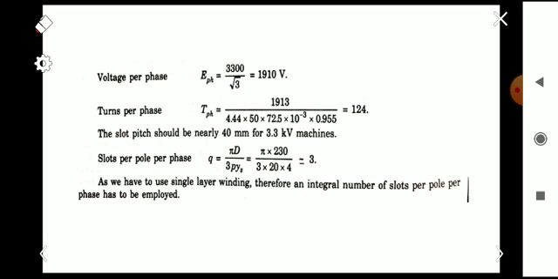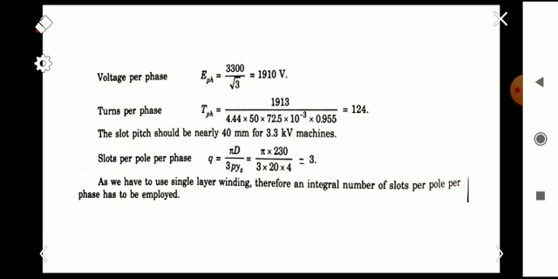And then for calculating the slots, T phase is 124, and we have to consider the slot pitch. In the previous video we just learned the slot pitch. There are three categories for slot pitch.